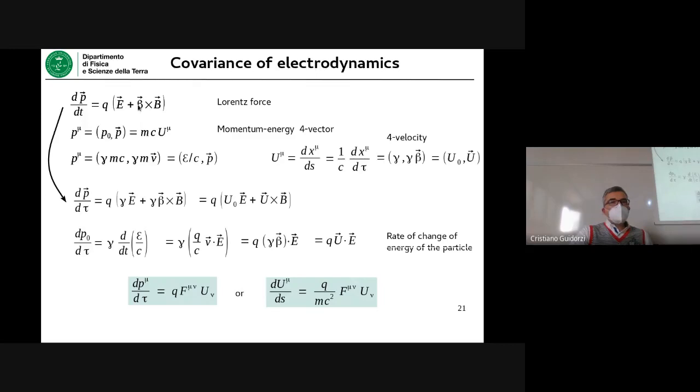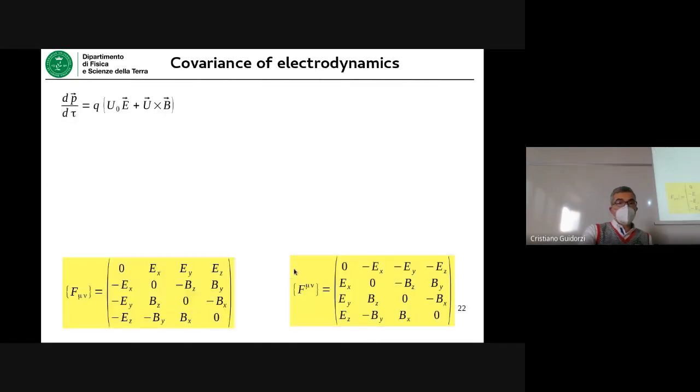And this is indeed the generalization in a covariant way of the Lorentz force and the kind of kinetic energy theorem, the way the energy of a particle changes as the result of the action of a force. So electromagnetic fields acting on a given particle with a given four-velocity give you the rate of change. To see that, we'll see just right now.